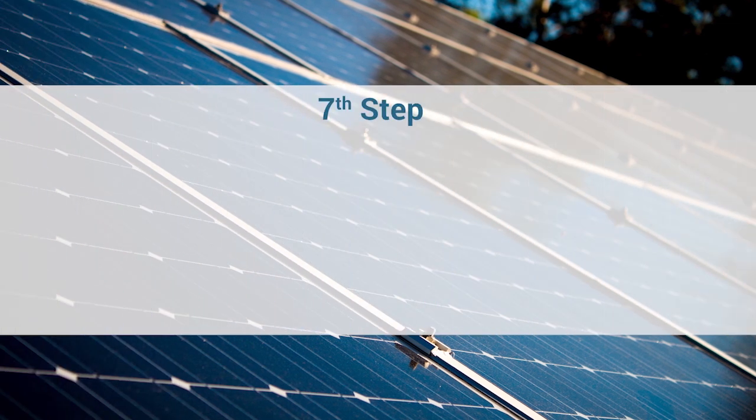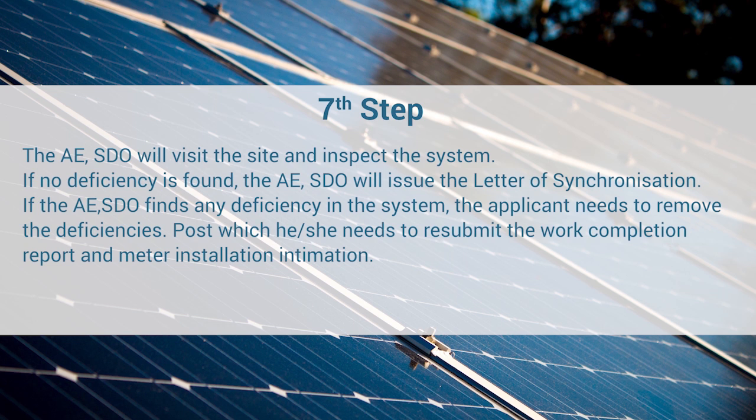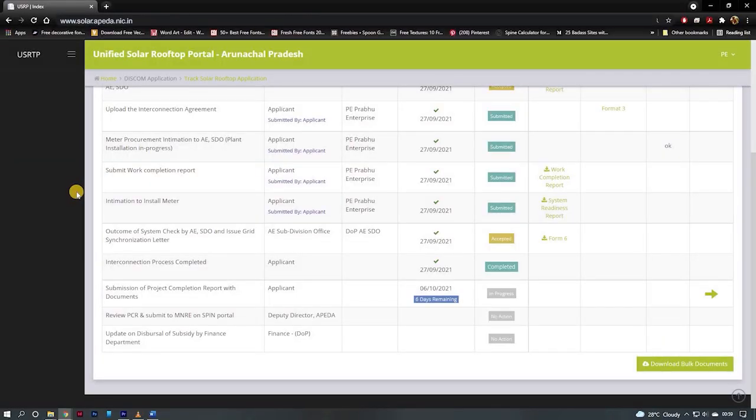In the seventh step, the AE-SDO will visit the site and inspect the system. If no deficiency is found, the AE-SDO will issue the letter of synchronization. If the AE-SDO finds any deficiency in the system, the applicant needs to remove the deficiencies, after which he/she needs to resubmit the work completion report and meter installation intimation. Once the letter of synchronization is issued, the interconnection process is complete.